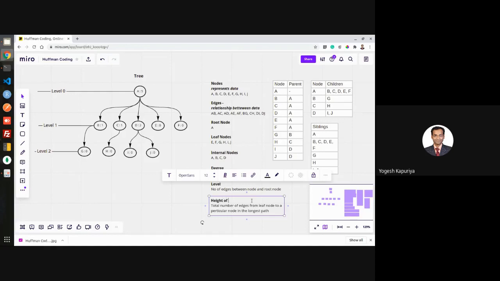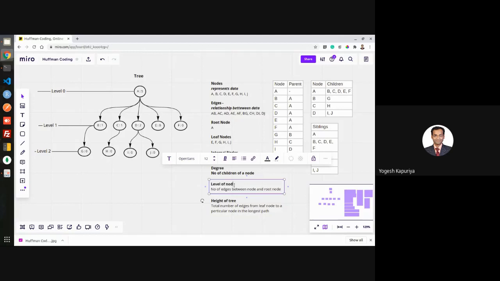So height is of the tree and level is of the node. That is the difference. Do you understand that?